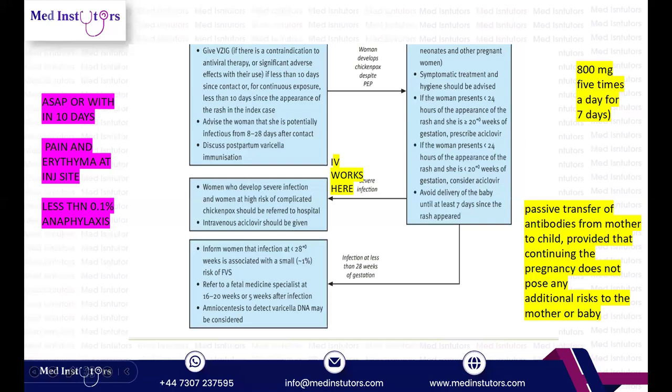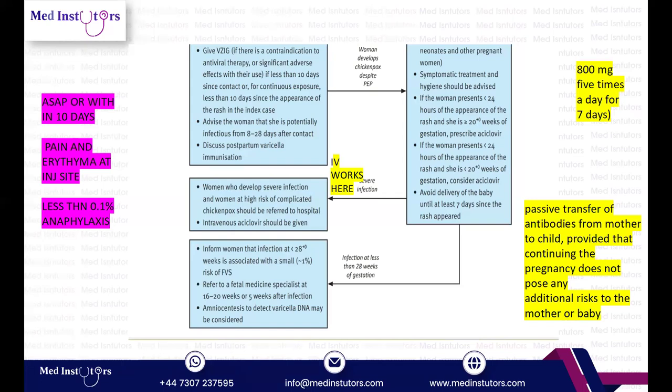Okay. And 10 days since the person has come into contact with that infectious person. But in cases when there is a continuous exposure, then it is less than 10 days. We have to count since the index case got a rash. Okay, so there are two things to understand from that.